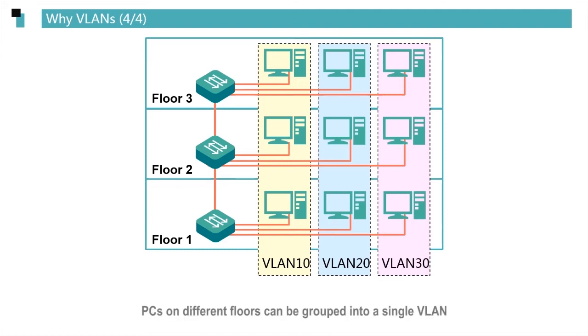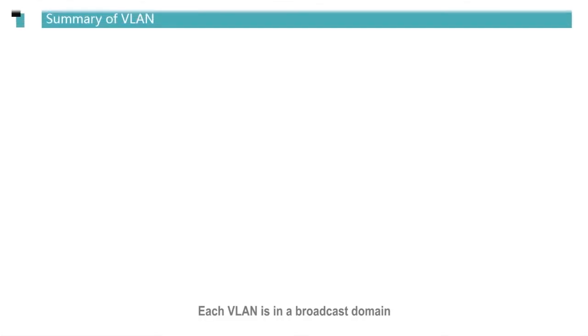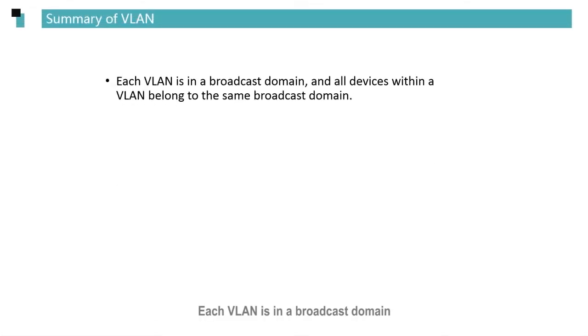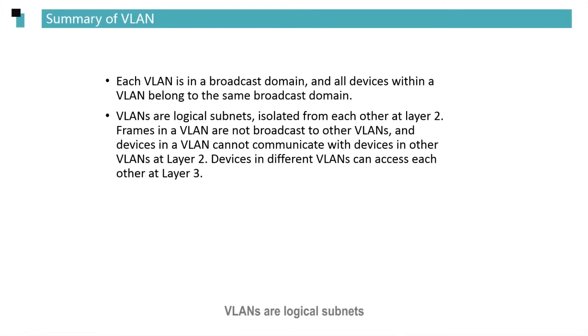PCs on different floors can be grouped into a single VLAN. Each VLAN is in a broadcast domain, and all devices within a VLAN belong to the same broadcast domain. VLANs are logical subnets, isolated from each other at layer 2.